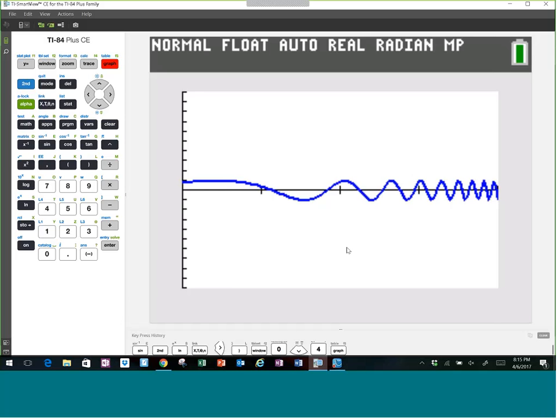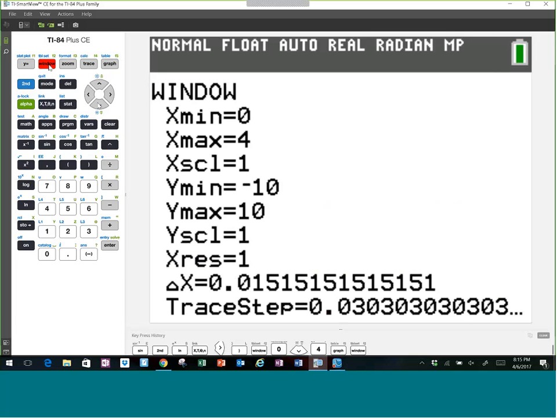Vicki's gone ahead and graphed the function that I gave her. This window that we've got here, we might want to adjust. She set her window from 0 to 4, x min, x max. We might want to change the y min and y max to maybe -2 to 2 to use more of the vertical space on the screen. There we go.